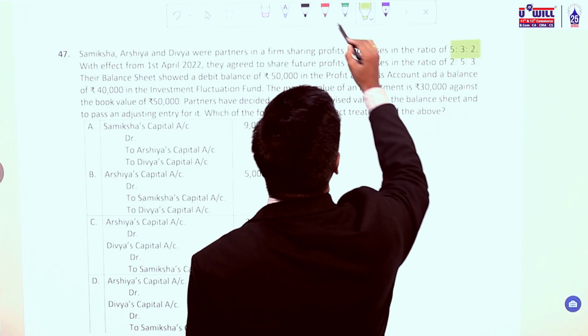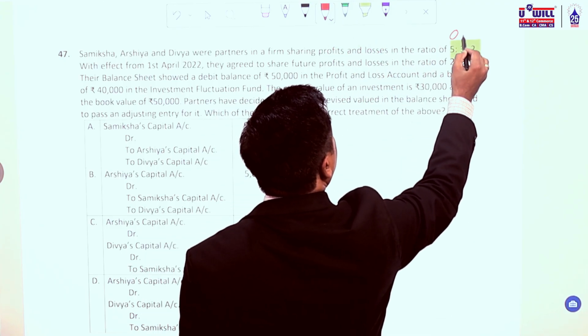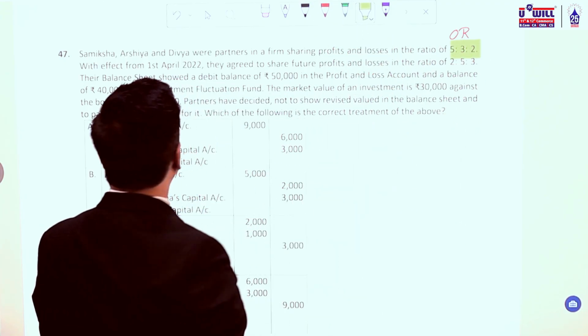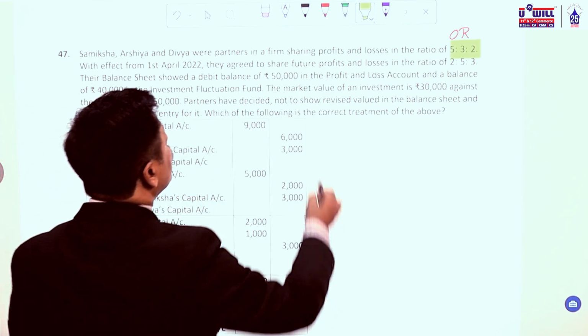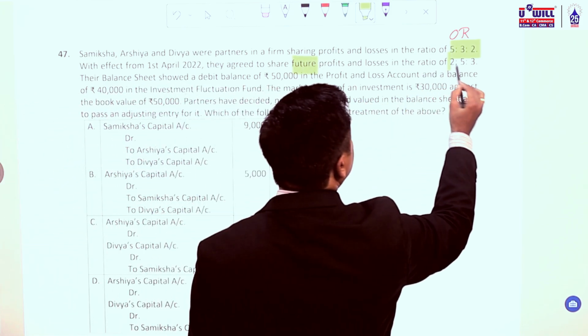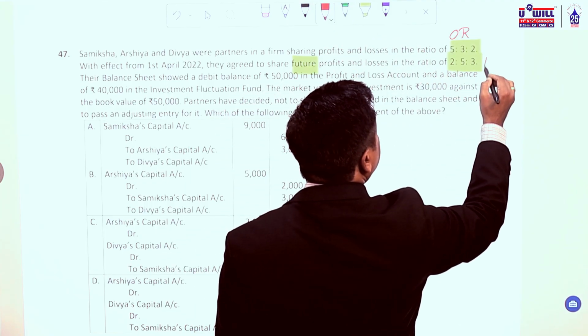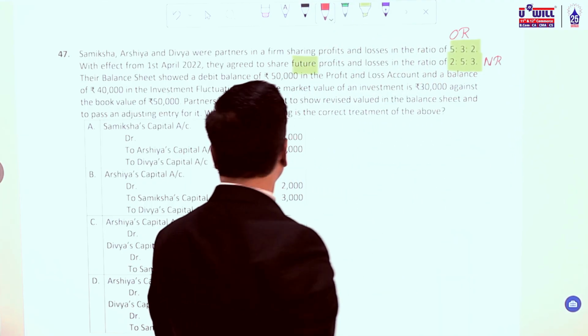That is the old ratio. Then, with effect from 1st April 2022, they share future profits and losses in the ratio of 2:5:3. That is the new ratio.